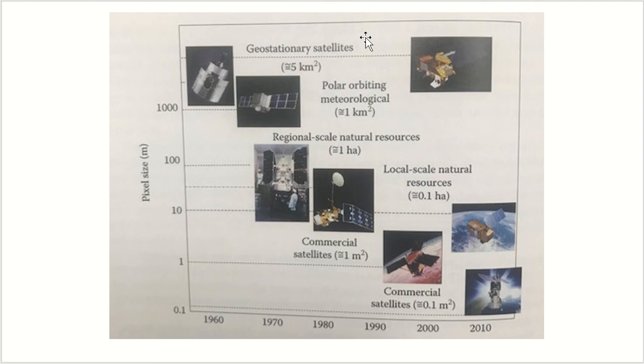So their orbit is in sync with the rotation of the Earth, and they essentially will always take measurements of the same area. In order to have an orbit that is in sync with the rotation of the Earth, they have to be pretty far away from the surface of the Earth relative to a lot of other satellite sensors. And so the spatial resolution of the data is pretty coarse. It says here about 5 kilometers squared.